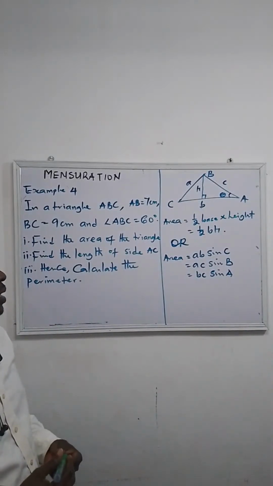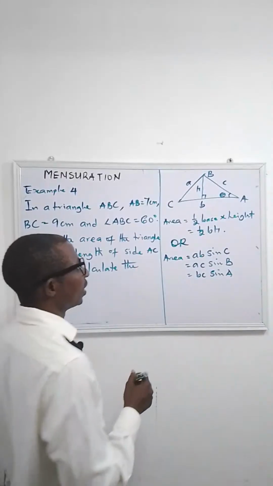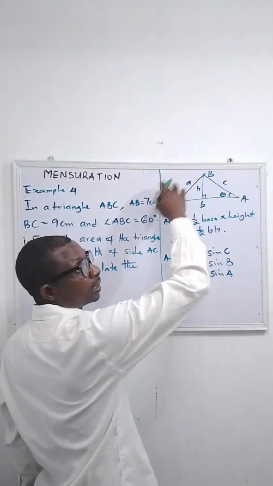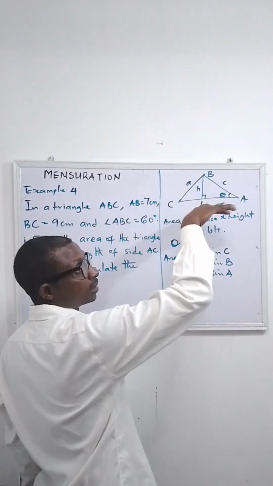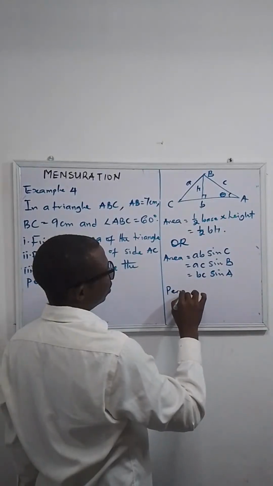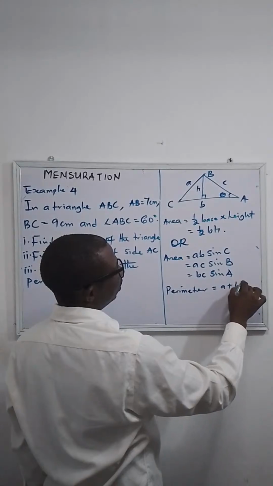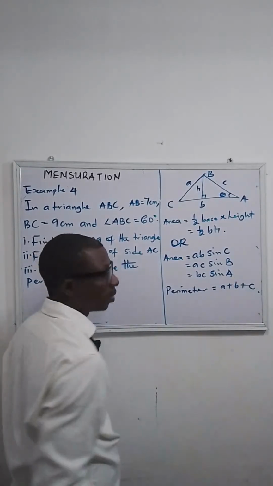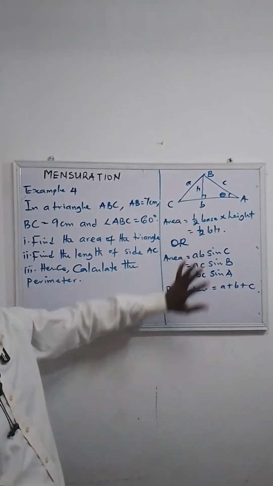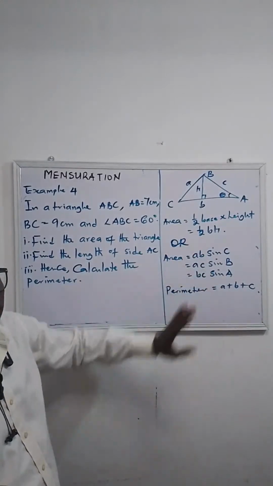Now, to find the perimeter of the triangle, what's the perimeter? Don't forget, perimeter is the length of the boundary describing the shape. So perimeter equals a plus b plus c. I want you to put this down in your jotter and take note of all these formulas.